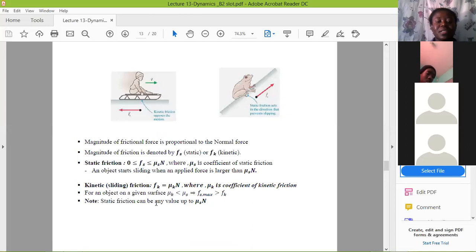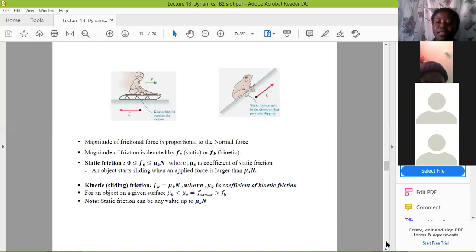For a given surface, when mu k is less than mu s, the maximum static frictional force on that surface is greater than the kinetic force.